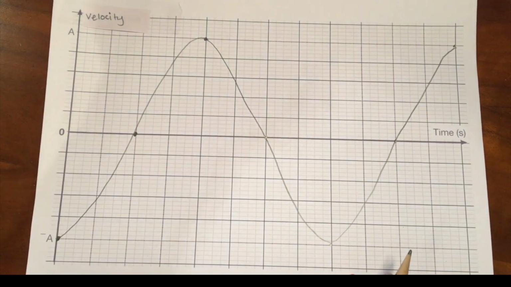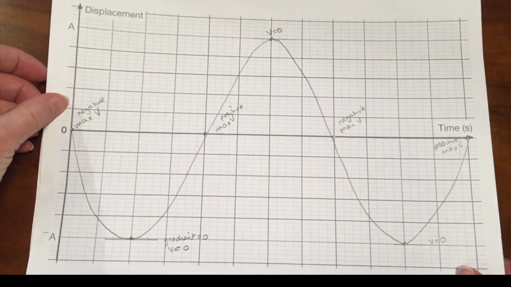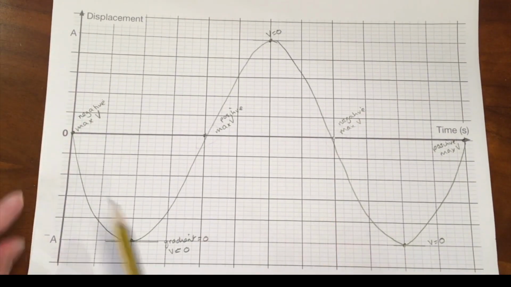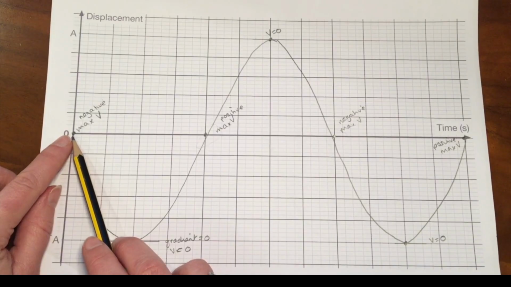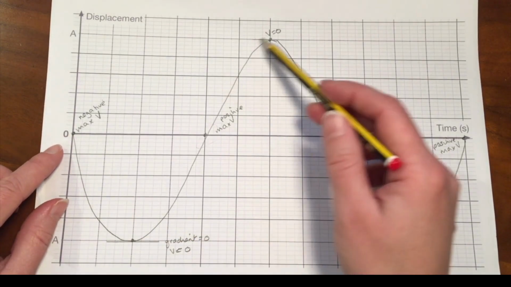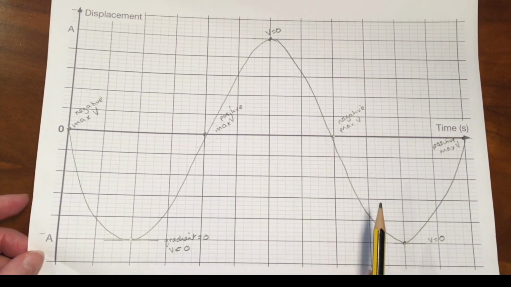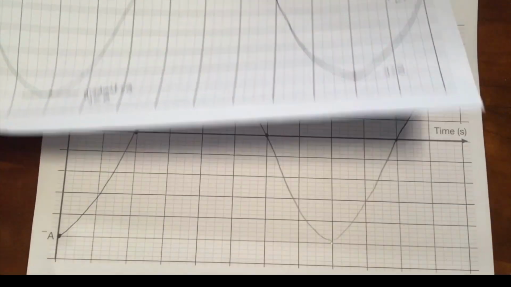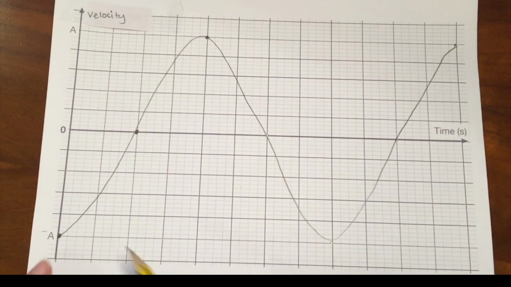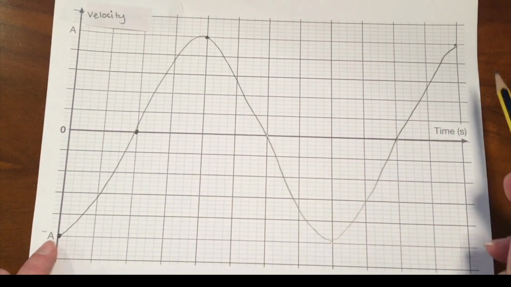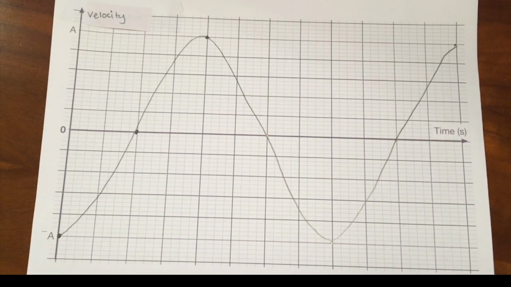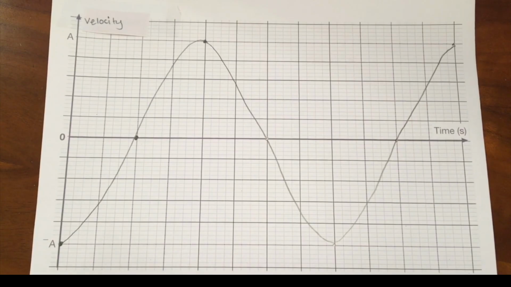Now let's go back to this displacement time graph. This starts at 0 and it forms a nice curve. We know that this is a sine curve. If we look at the velocity, you can see it starts with an amplitude. This is a cosine curve. We also know from topic 2 that the gradient of a velocity time graph is equal to acceleration.